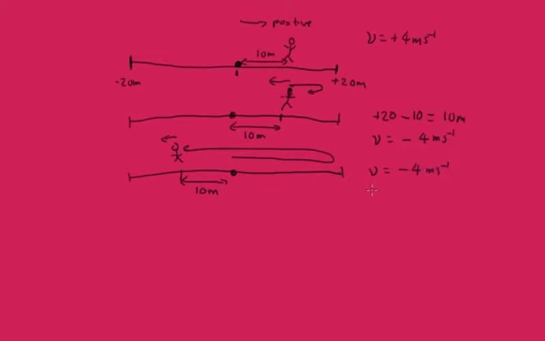And this time his displacement is, he's done his plus 20 to here, then he's gone in the negative direction, so he's done negative 20, then he's got to here, and then he's done negative 10, so his total displacement is minus 10 metres. Now he's on his way back.